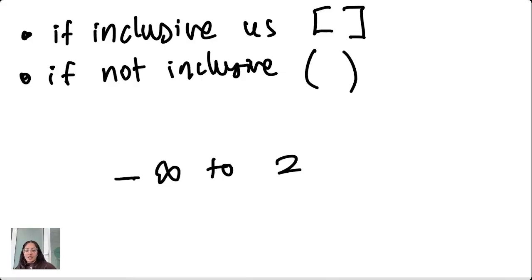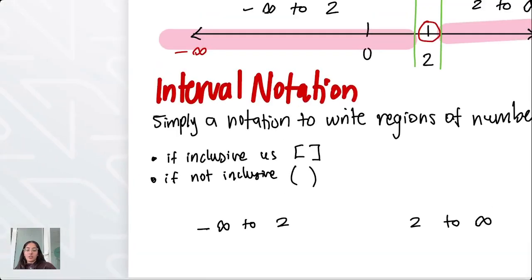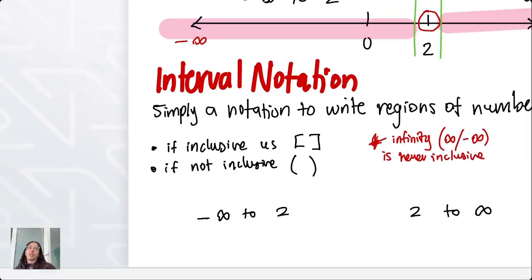So we'll say it doesn't include negative infinity. So infinity or negative infinity is never inclusive. Everybody get that? So never ever use square brackets next to infinity because it's never inclusive.